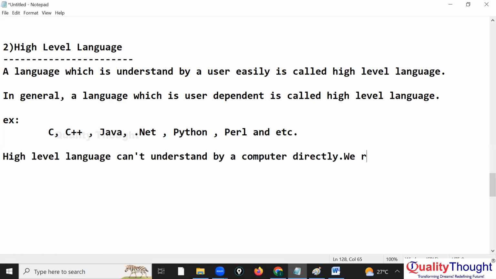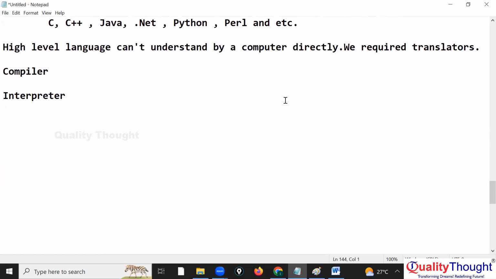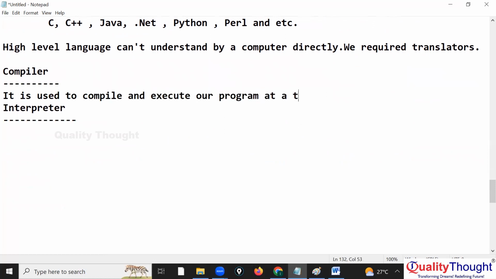We require translators. What are the two translators? One is called compiler, one is called interpreter. Compiler means it is used to compile and execute our program at a time.